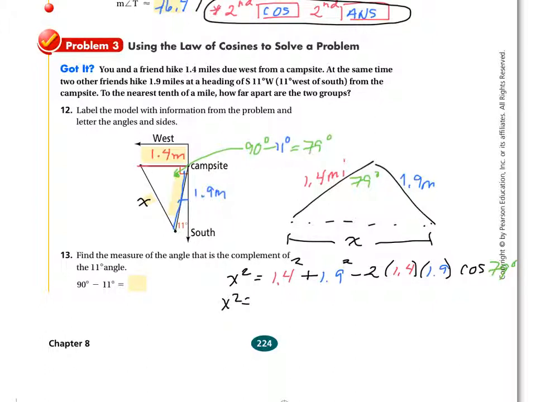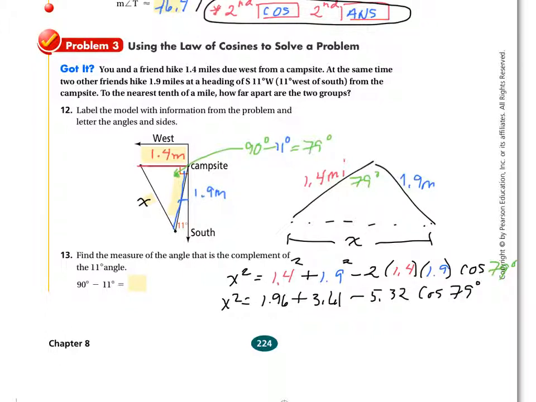So the 1.4 squared is 1.96 plus the 1.9 squared is 3.61 minus the 2 times the 1.4 times the 1.9 is 5.32 times the cosine of 79 degrees.